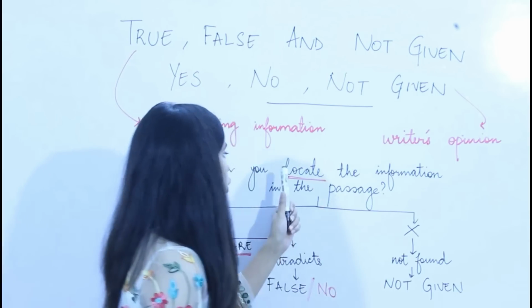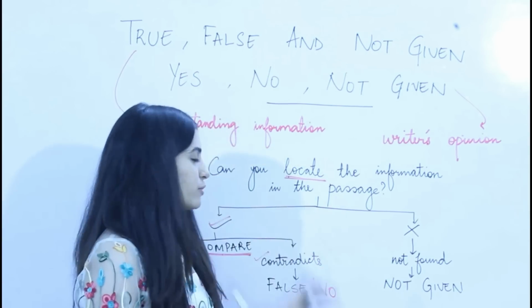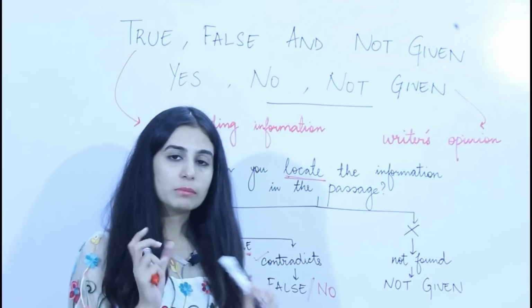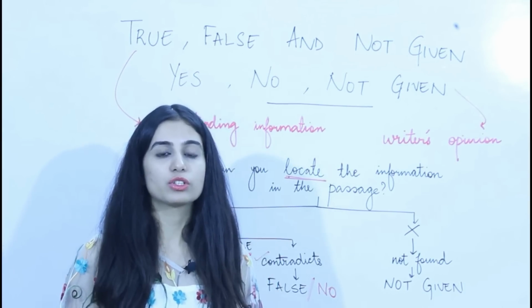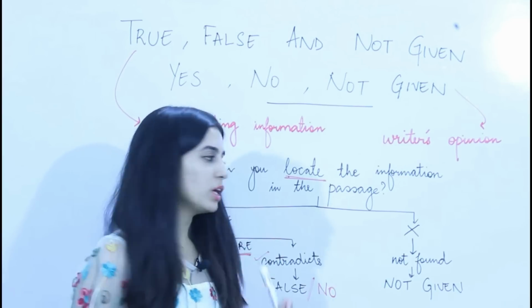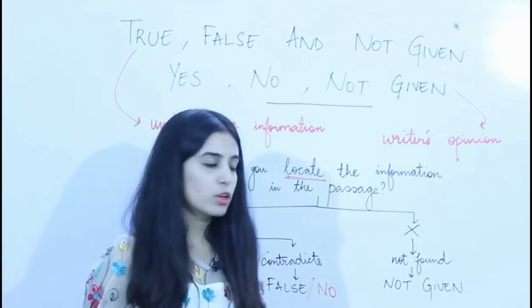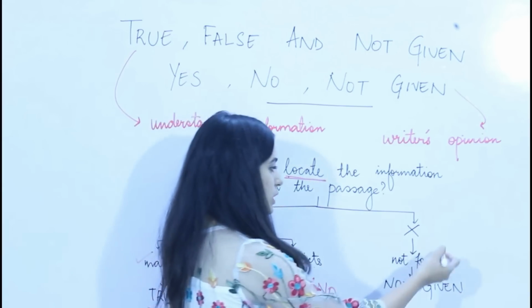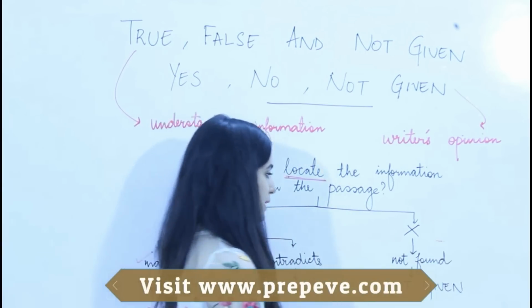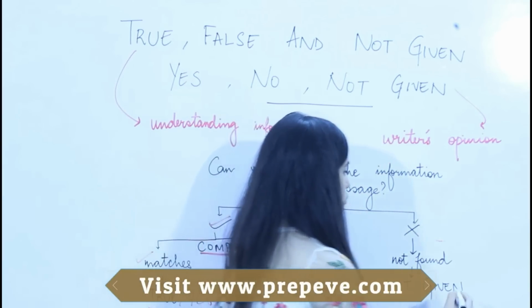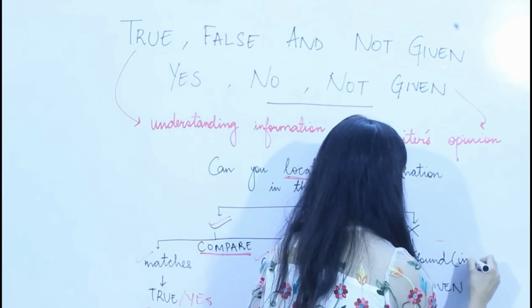However, if you're trying to locate that information in the passage, something associated with it would definitely be written in the passage, even if the answer is not given. So you locate that particular sentence and after that you realize that the information is incomplete. So not found because it's incomplete.